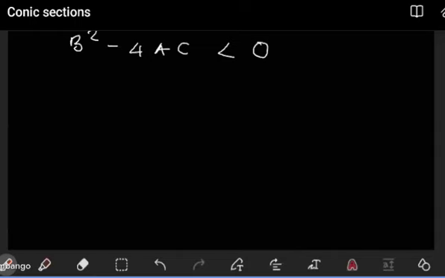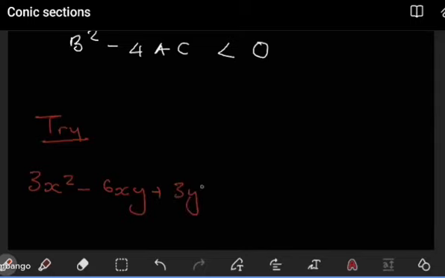For practice, you can try to see if you can use the same approach to identify this expression. So you have 6xy plus 3y squared plus 2x minus 7 is equal to 0. So you have this conic section.